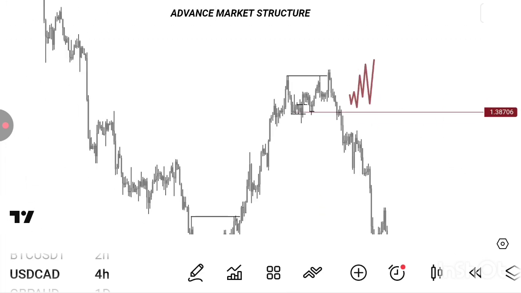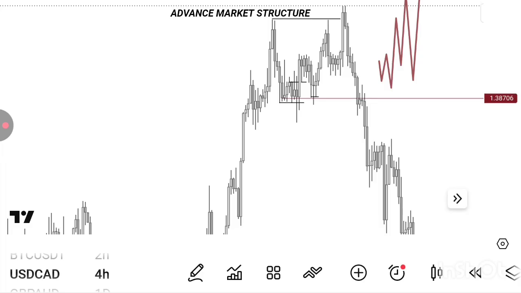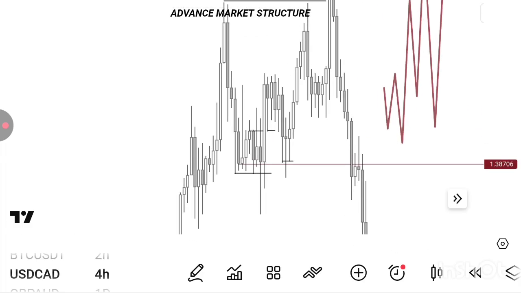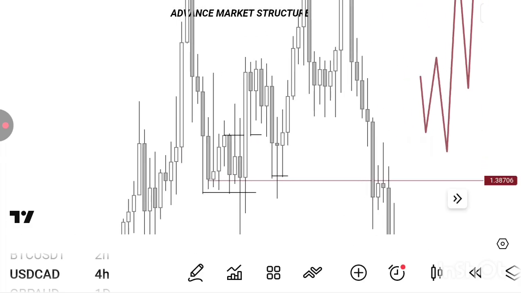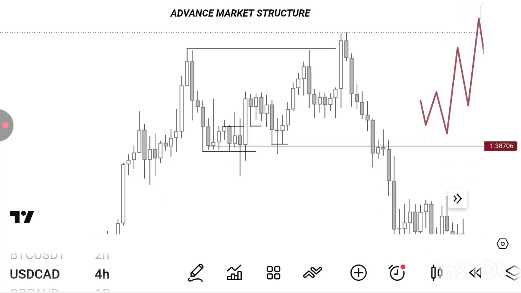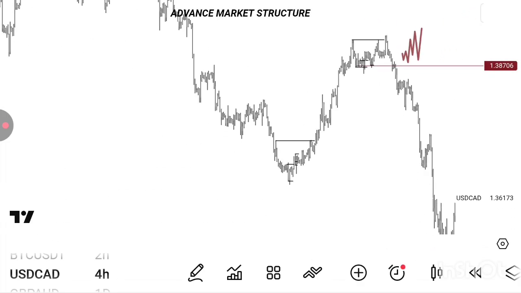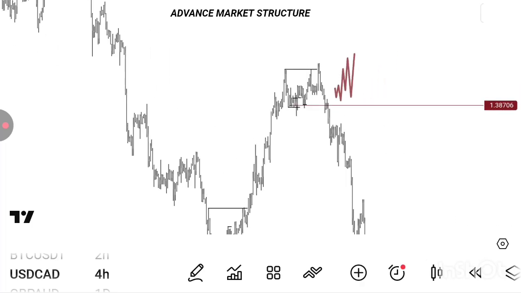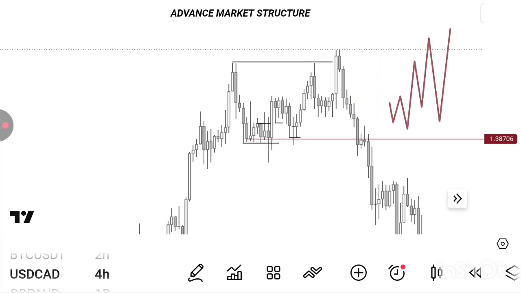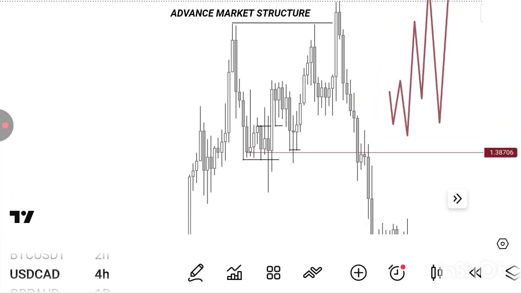I taught you something, that if it's an uptrending market, because you could see that price was actually uptrending at this level, the low can function as what? Number one, it can function as internal range liquidity, or internal liquidity.